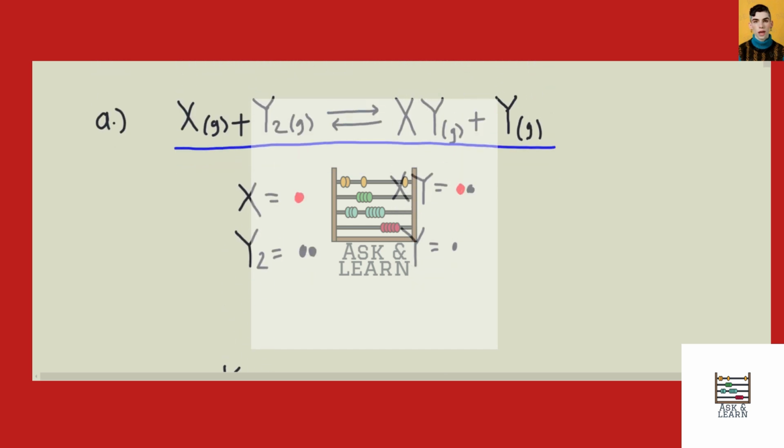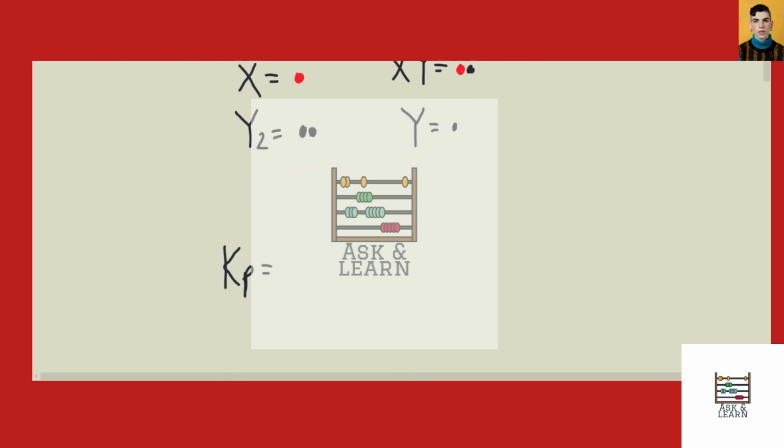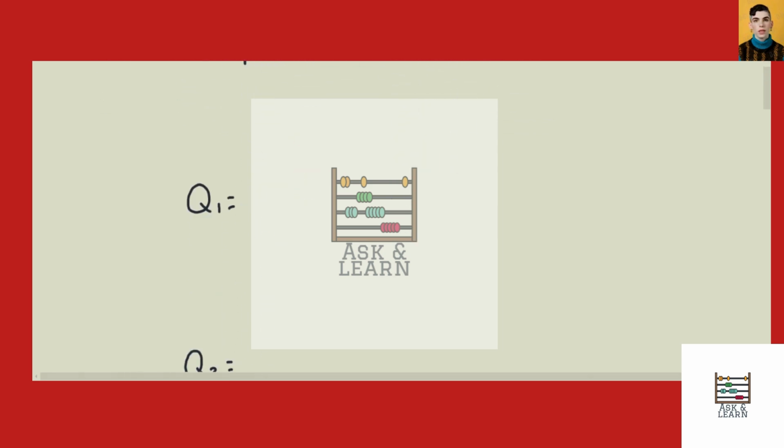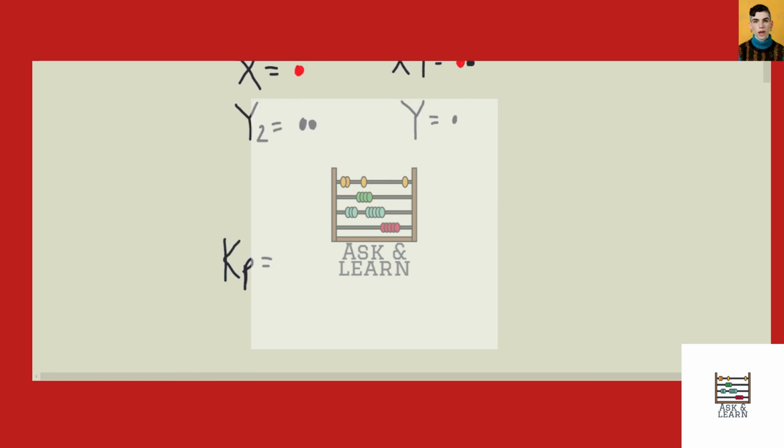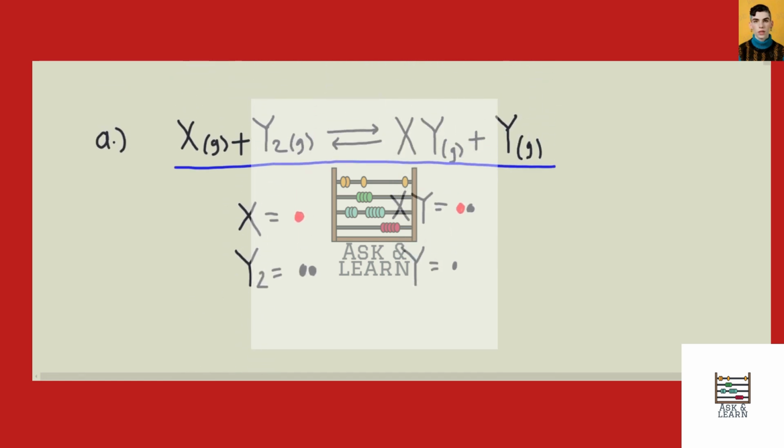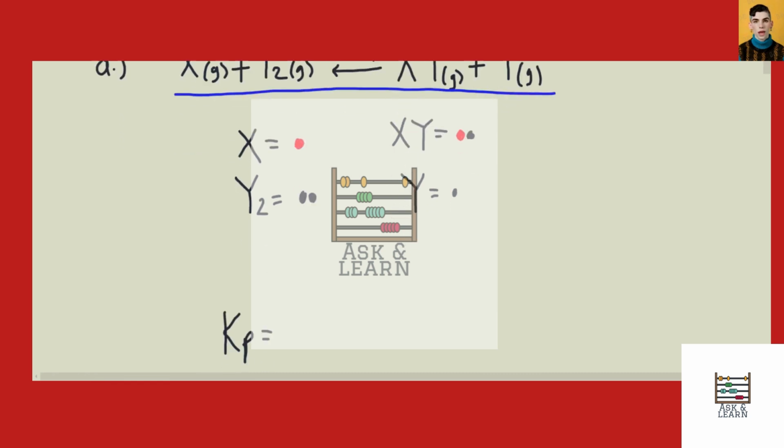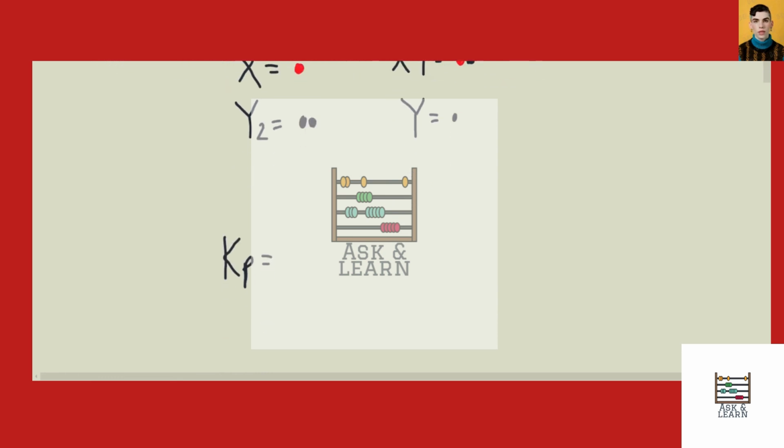And when we do that, we can form the reaction quotient formulas for each one of those expressions and determine, after we perform the division, which one of them is equal to that equilibrium value of 4.5. So we start with Kp.